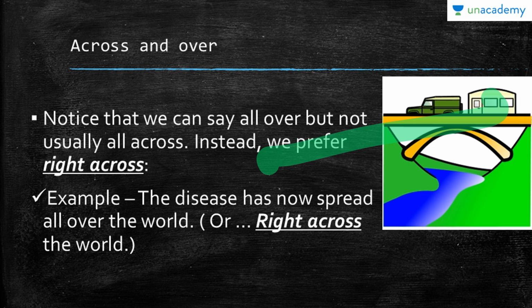So we have to be very careful as to what kind of movement and what kind of barrier is there. All of this must be kept in mind while using these two words, over and across, which are usually used interchangeably by most of us without realizing where over is used and where across is used.